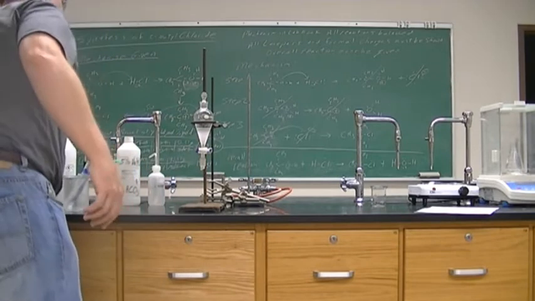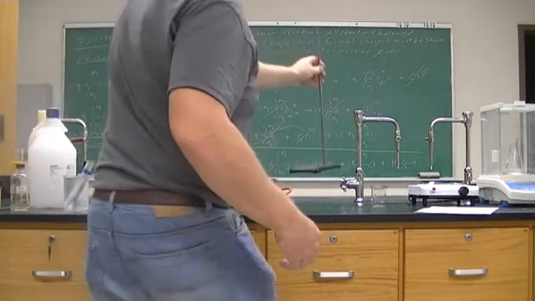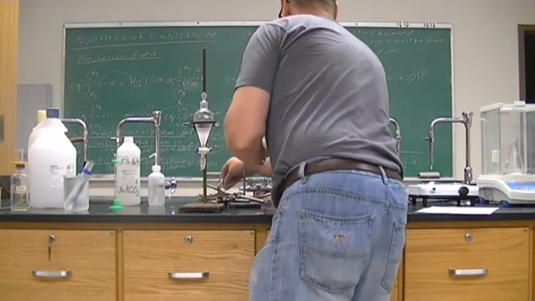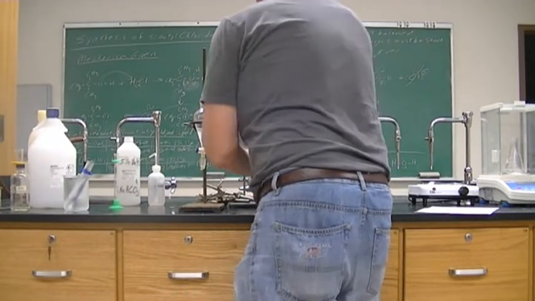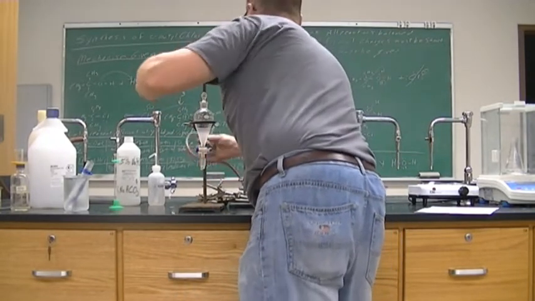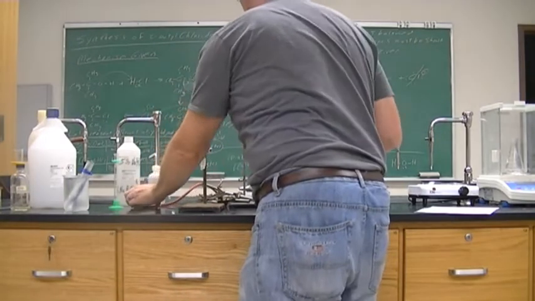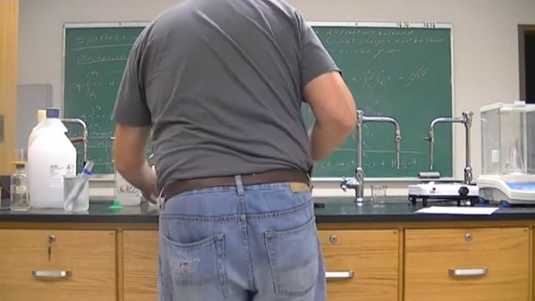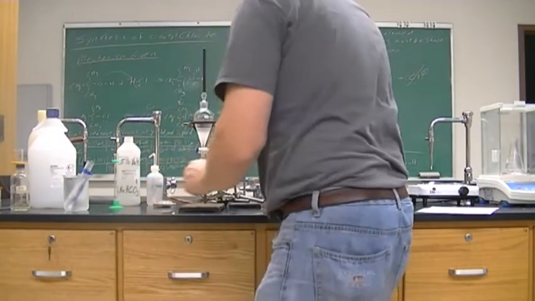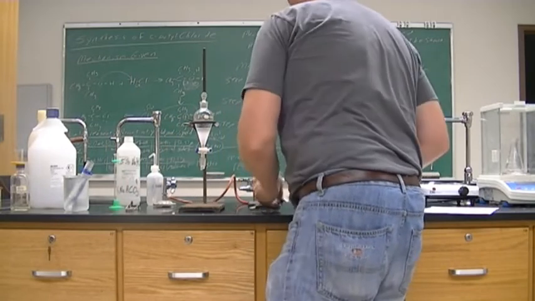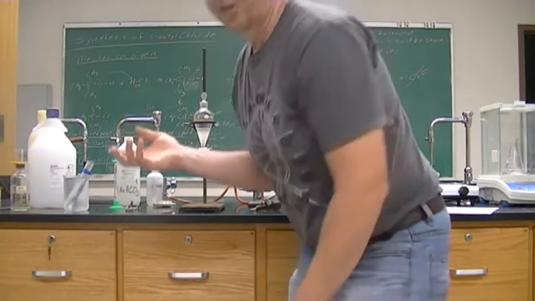So to do a distillation, you need 3 ring stands. And we're going to need a heat source that we will use. I prefer a Bunsen burner. Some people prefer hot plates. I prefer a Bunsen burner always. All right. And now the amount of liquid that we're going to get is a very, very small amount.